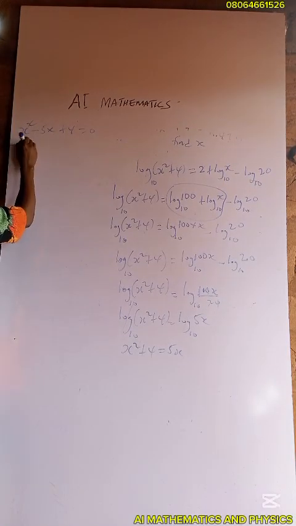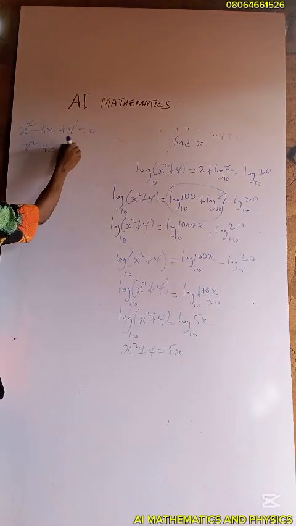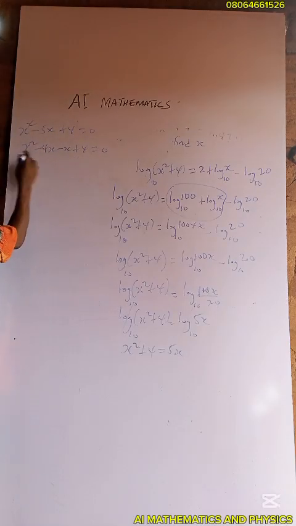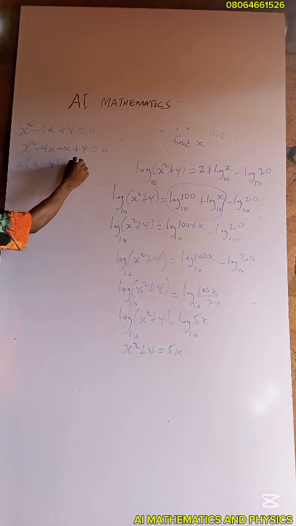We have x squared minus 4x minus x plus 4 equal to 0. What's common here? x. What remains? x minus 4. What's common here? Minus 1.